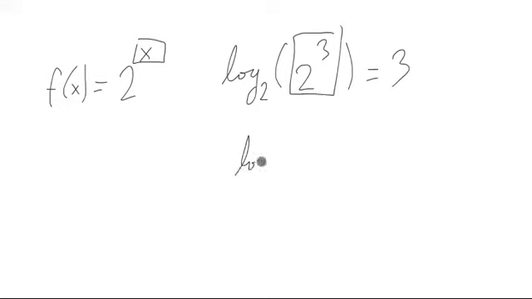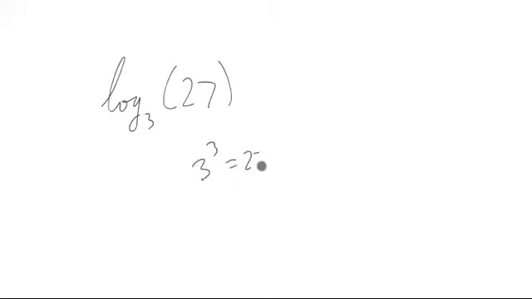So for instance, if we have log base 2 of 4, we'd say, okay, what's the exponent that makes 4 if the base is 2? Well, the exponent would be 2, since 4 is 2 squared. Or if we had log base 3 of 27, we say, okay, what's the exponent that makes 27 from a base of 3? Well, 3 cubed is 27, so that would just be 3.